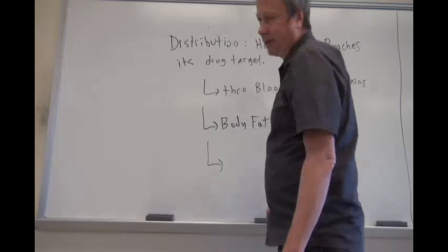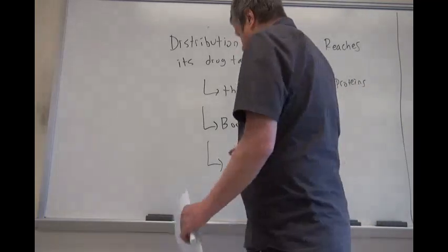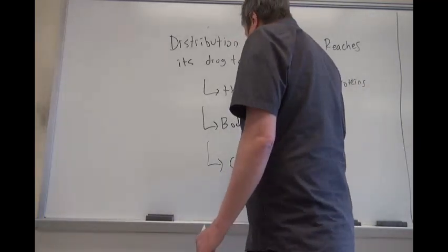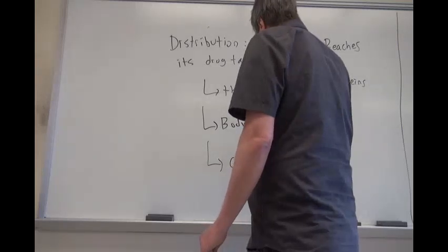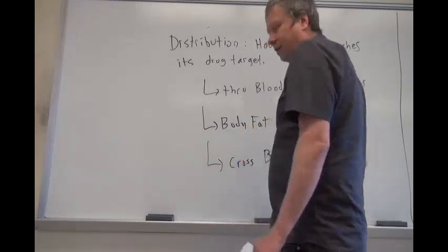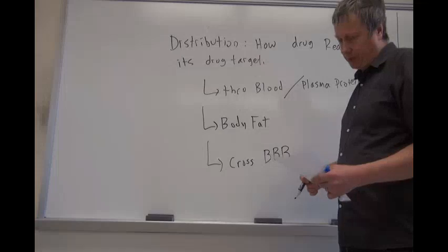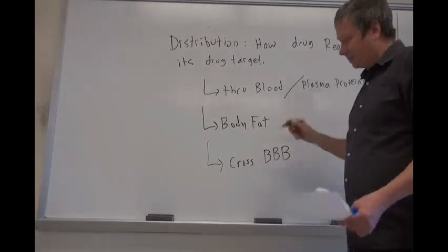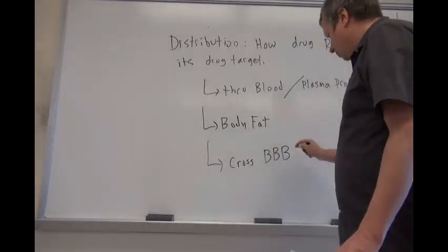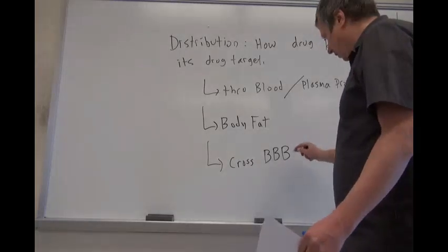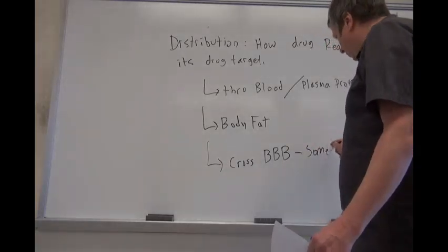There's also, what are the other issues in drug distribution? If it's a neurologically active drug, you have to worry about whether it will cross the blood-brain barrier, BBB. Sometimes that can be challenging for a neurologically active drug.